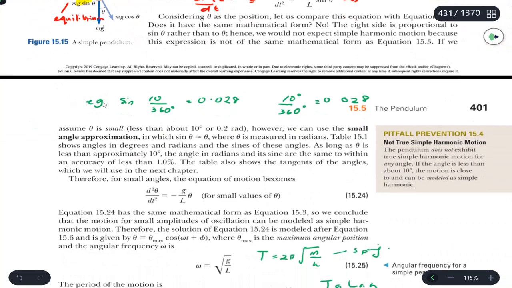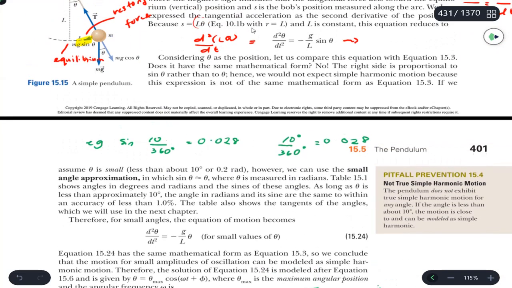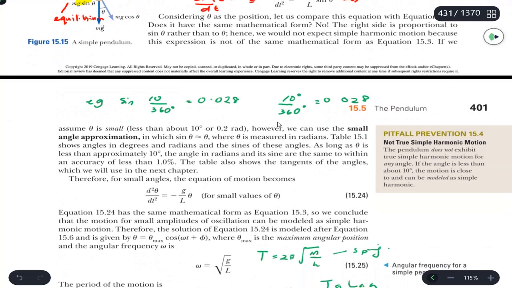Mathematically, I'm going to skip how we arrive at this one. Not all angles will give you simple harmonic motion. According to this book, it should be less than 10 degrees.